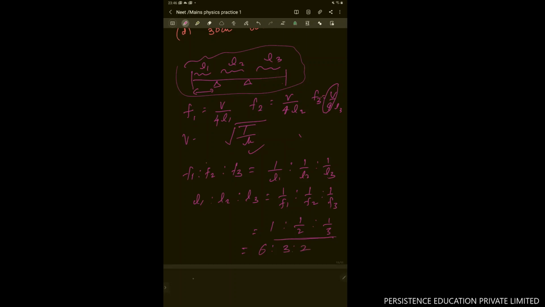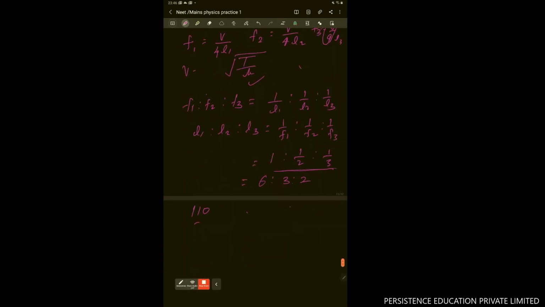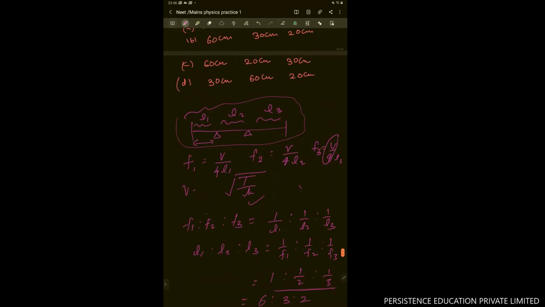So now you are dividing 110 in the ratio of 6:3:2. So 6 plus 3 plus 2 is 11. 11 is equal to 110. So 1 is equal to 10. So the lengths will be 60:30:20. So this is what you are looking for.